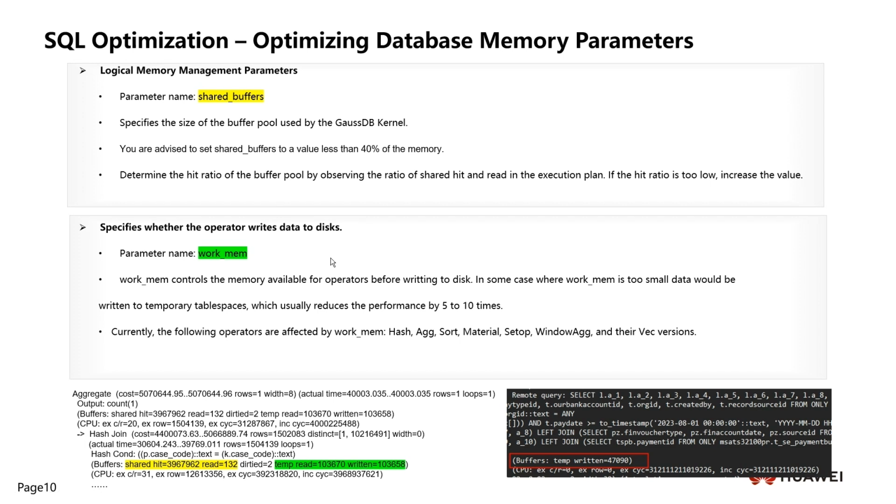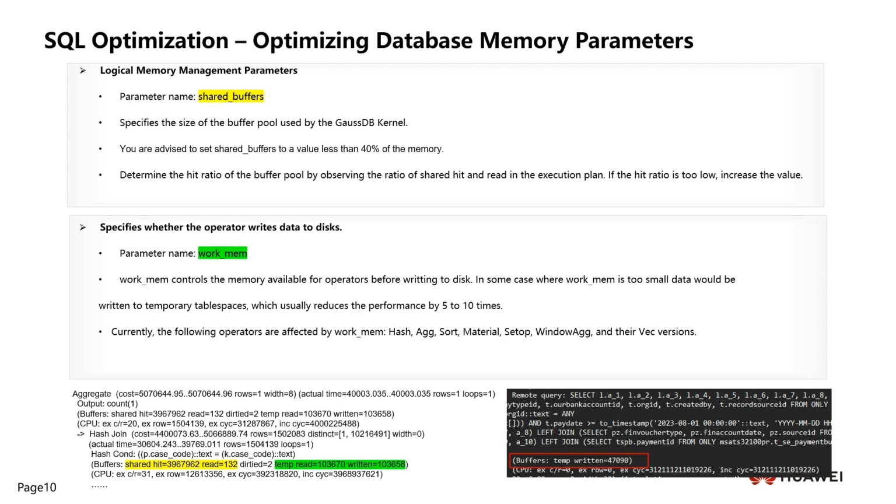In this case, we have to increase the value of shared_buffers to have a higher hit ratio. By the way, we can add buffers after the explain keyword to view the buffers information. The second parameter is work_mem. Work_mem controls the memory available for operators before writing to disk. In some cases where work_mem is too small, data would be written to temporary table spaces and performance could be greatly reduced.